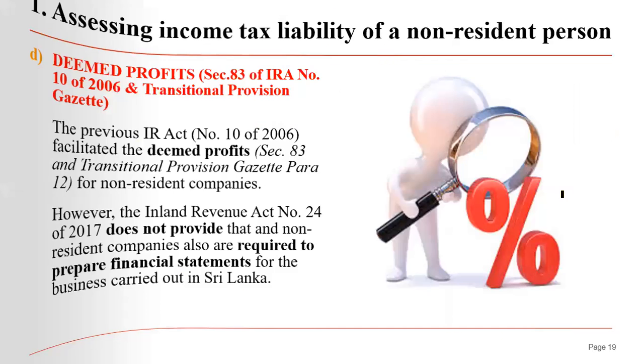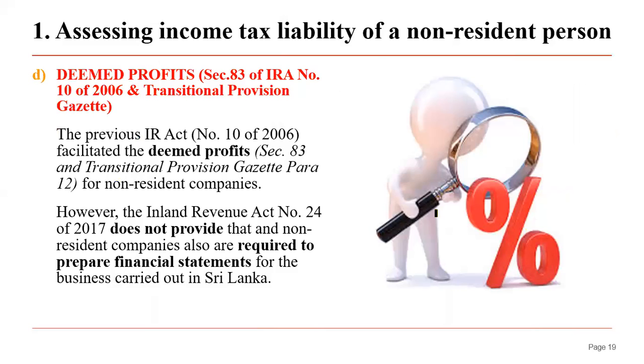That is the head office expenses. Then another important section, as per the previous Inland Revenue Act and under the transitional provisions: deemed profit, Section 83 in the previous Inland Revenue Act. The transitional provisions also allow the same.